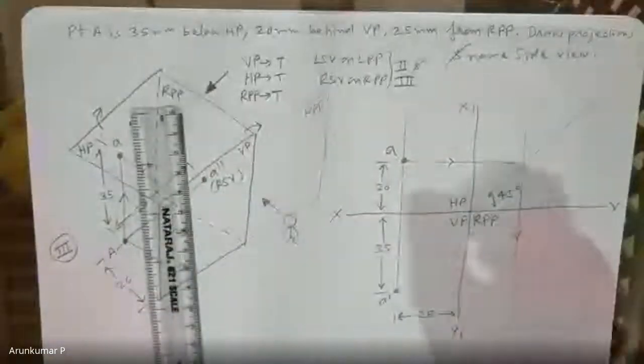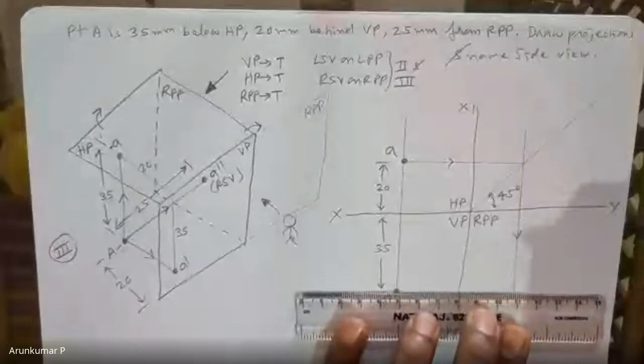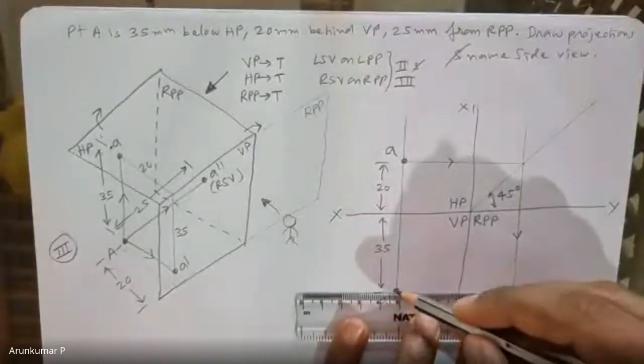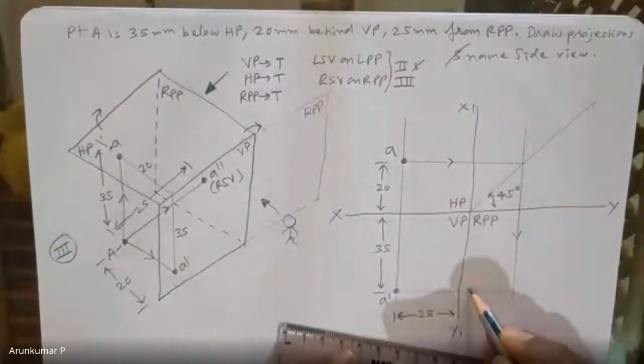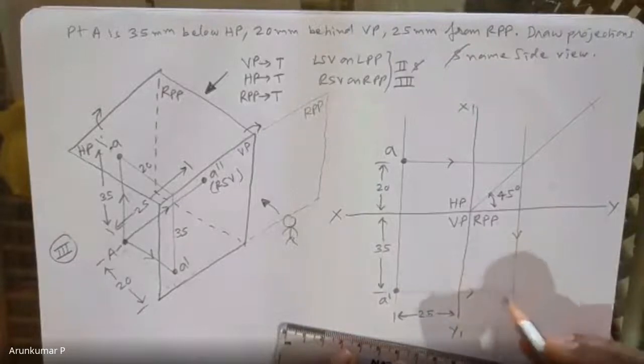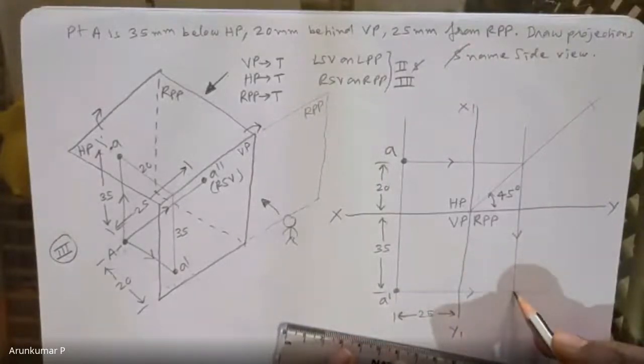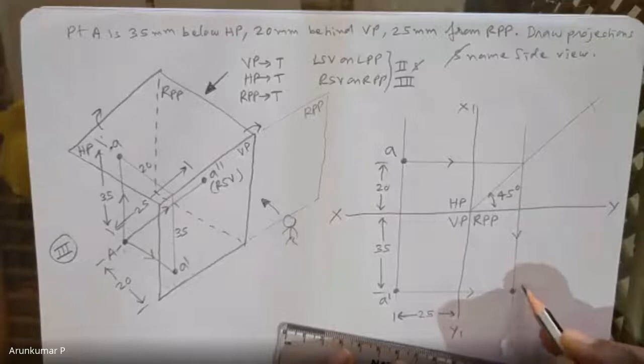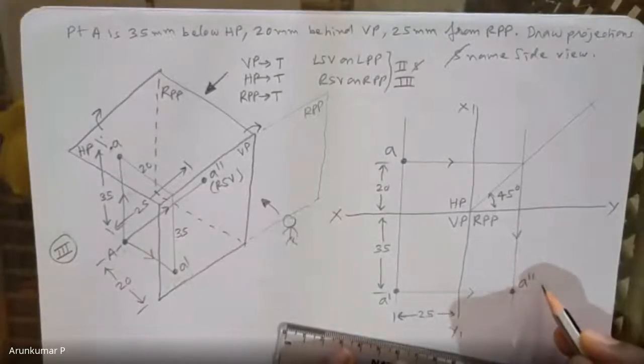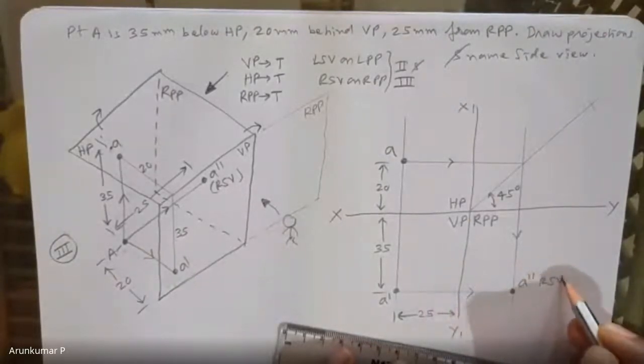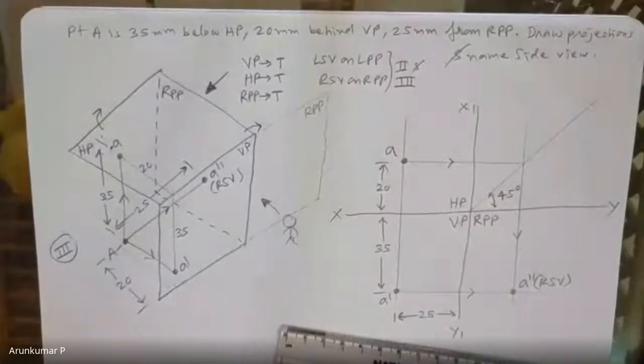Show the arrow downwards and see that it intersects the projector of the front view. So top view and the front view projectors intersect at this point. This point is A double dash, your right side view. This is the solution.